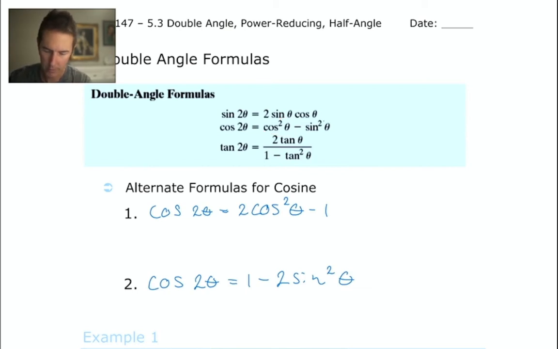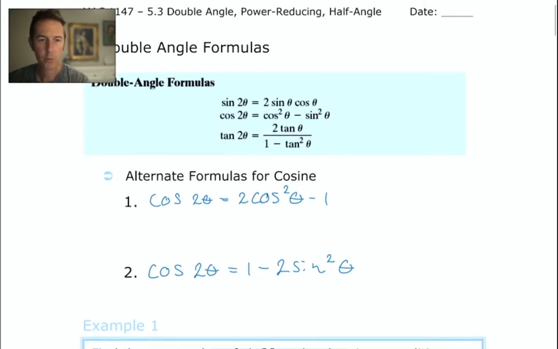Similarly, if you were to replace the sine squared with 1 minus cosine squared and distribute the minus and combine like terms, you would get that cosine 2 theta is equal to 2 cosine squared minus 1, which is the first of the alternate formulas.